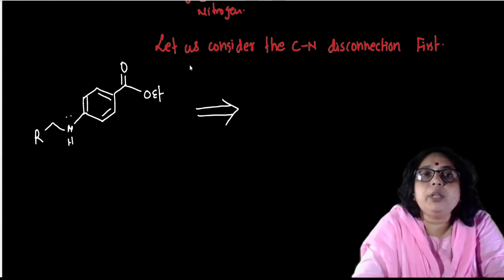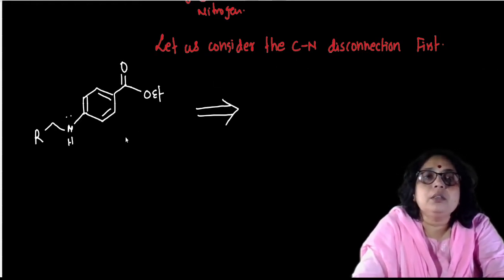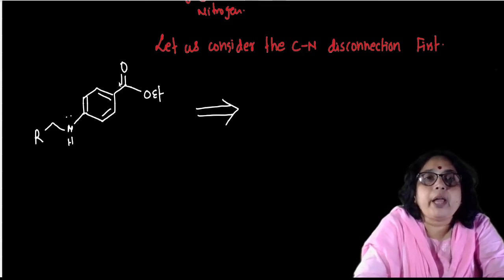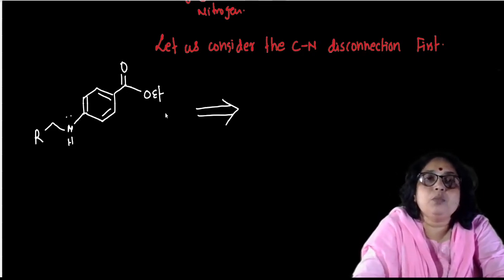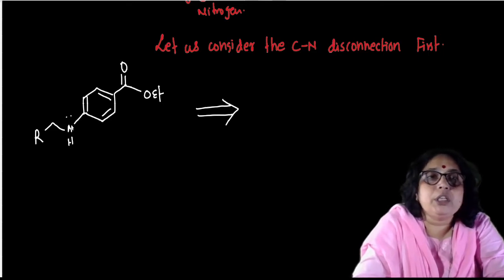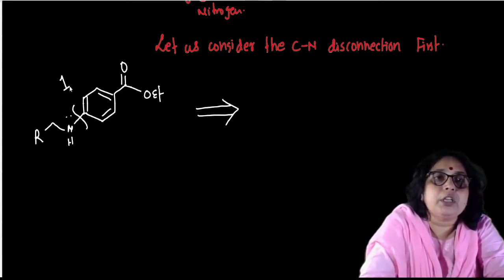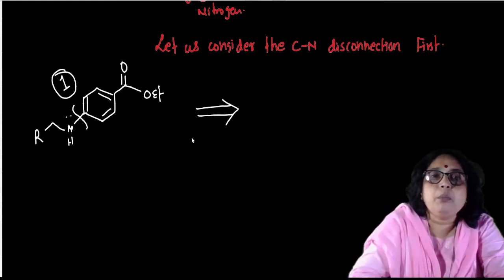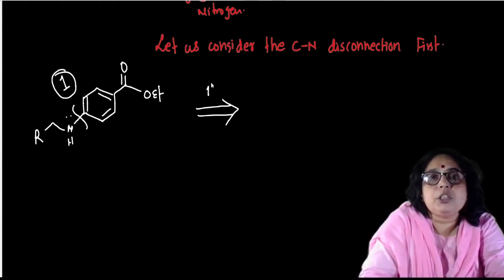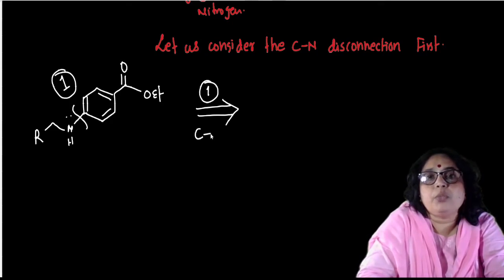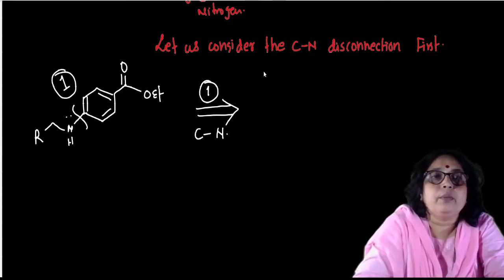As I told you, because of this reason this center is more reactive than this center. If the center is more reactive, we have to consider this disconnection first. So this is my first disconnection, where I can put a cut over here.